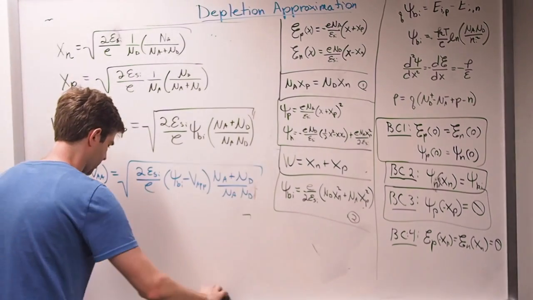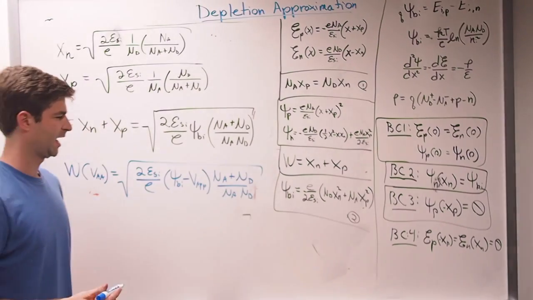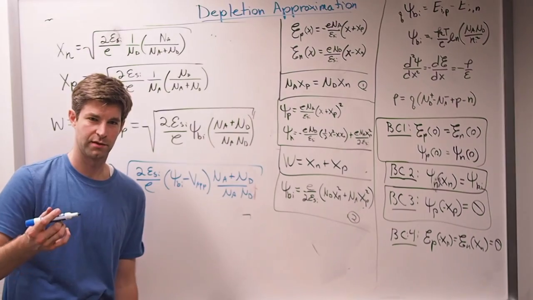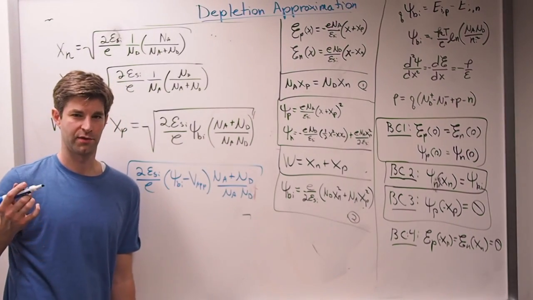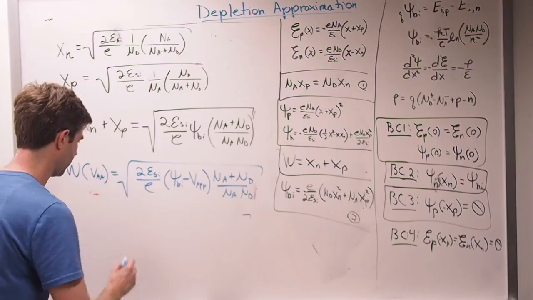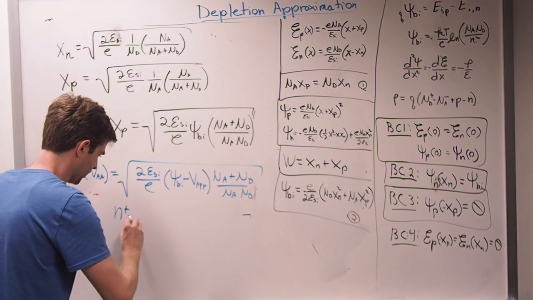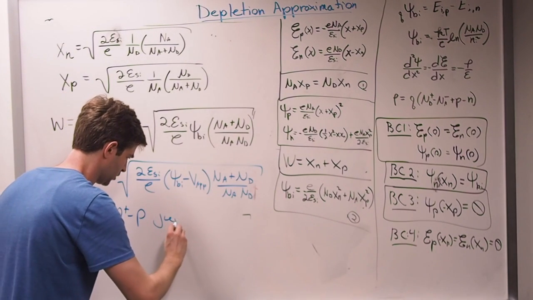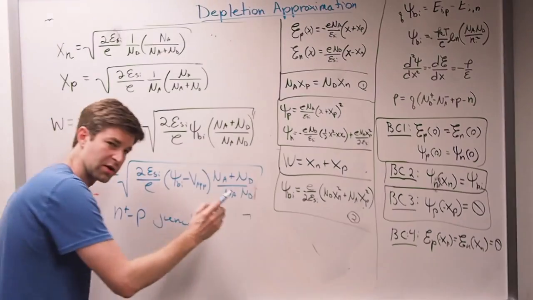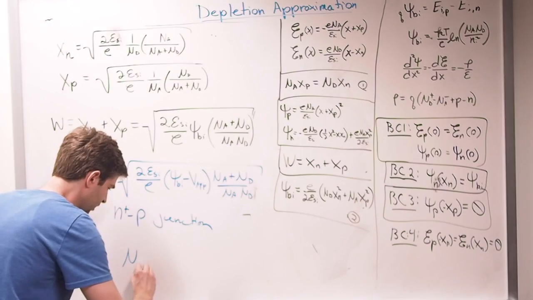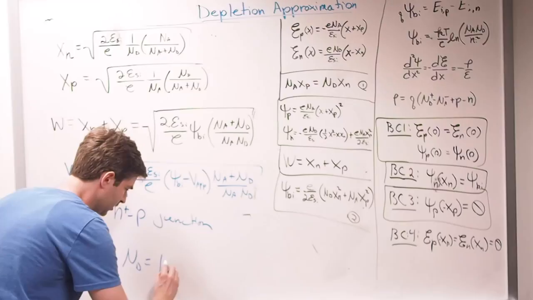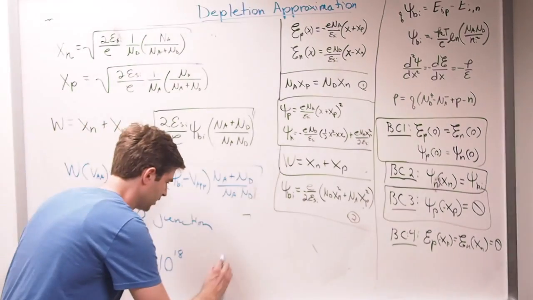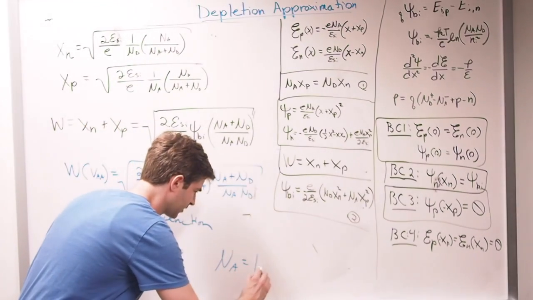So one more thing. What if one side of the junction is highly doped and the other side is just regularly doped? We call that, for example, an N plus P junction, such that ND is equal to 10 to the 18 and NA is like 10 to the 15.